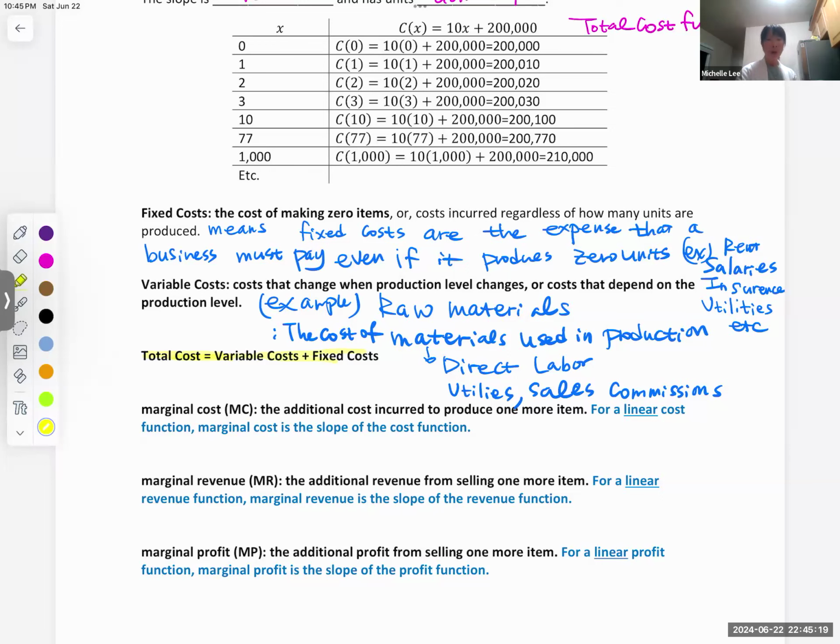Okay, we have marginal cost, the additional cost incurred to produce one more item. For a linear cost function, marginal cost is the slope of the cost function.